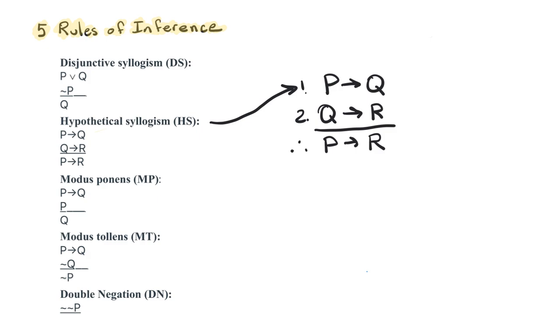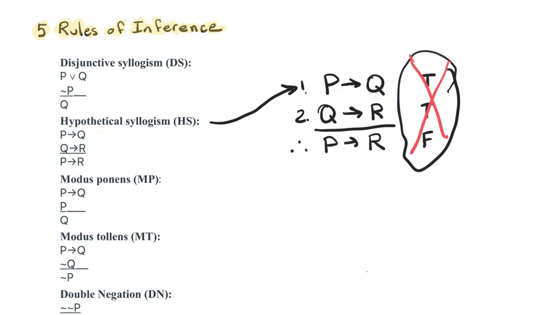So again, we'd have no row, which is another way of saying, for this argument, it's not possible to have true premises and a false conclusion. And here's why.